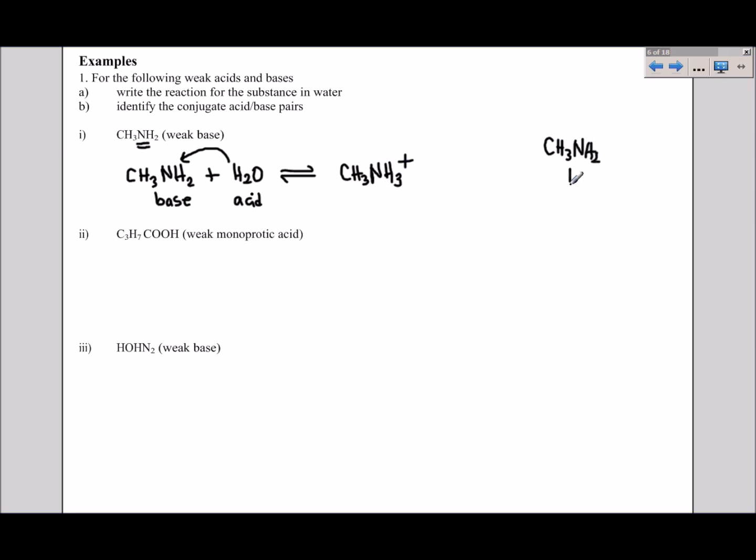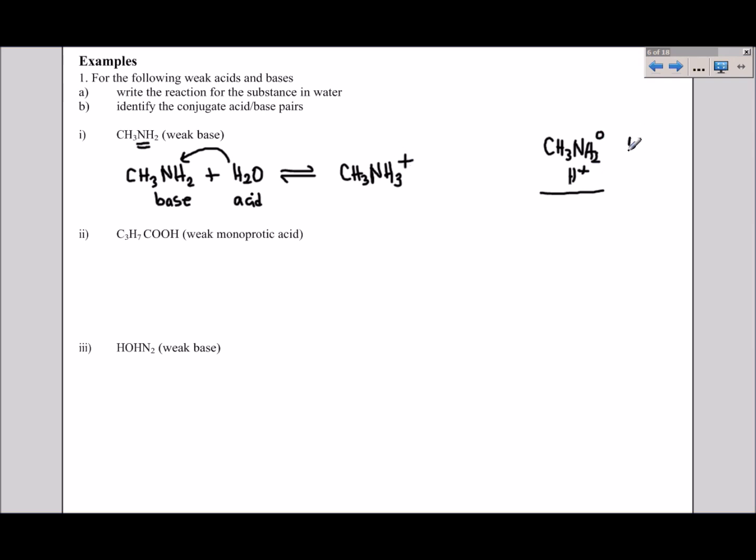You want to add a proton. You're adding the hydrogen, so the formula increases by 1 in the number of hydrogens. And the charge is determined by the combined charges. So this had no charge, but this has a positive 1 charge. So the overall charge of the new compound has to be +1.